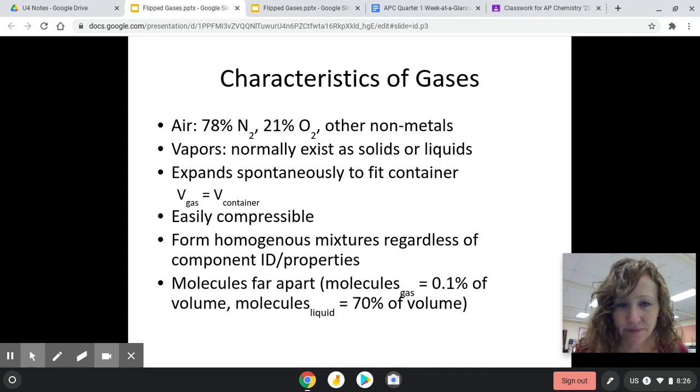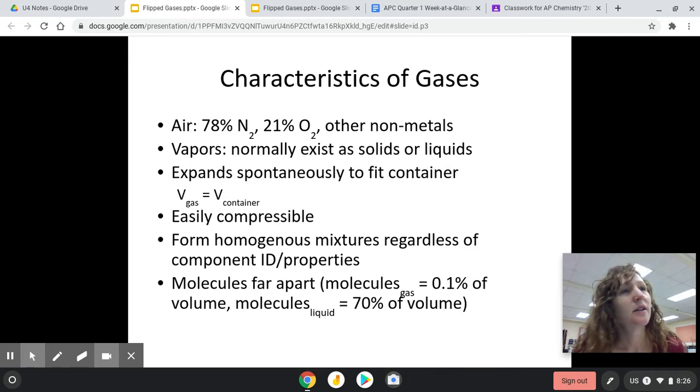If you hear the term vapor, we talked about this a little bit before, but vapor is something that at STP is normally a solid or liquid, and then for whatever reason, it becomes a gas, and we refer to that as a vapor.